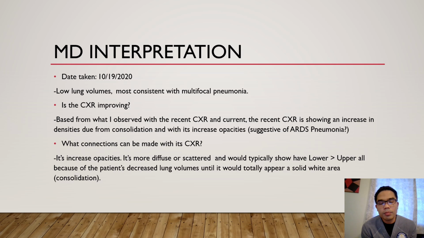There were also some slight air bronchograms that I've seen from the patient's chest X-ray. So it is mostly localized in the peripheries. So the connection made is the increase of opacities because it is more diffuse or scattered, which could show that it is higher in the lower than the upper because of the decreased lung volume or decreased compliance of the patient, until it would totally appear as a solid white area.